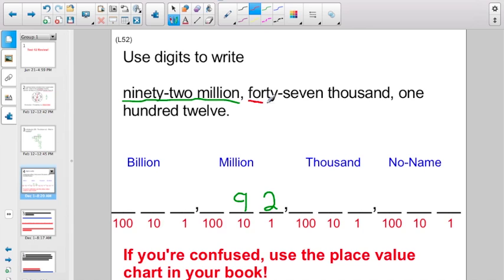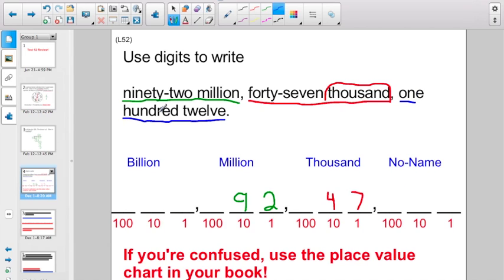The next section, 47,000 is my group here, right? So I want to put 47 in the 1,000 group. Well, 47 is also 4 tens will give you 40, and 7 ones will give you 7, right? Our next section, 112, doesn't have a group name, so it sounds like it's going on the no name group.